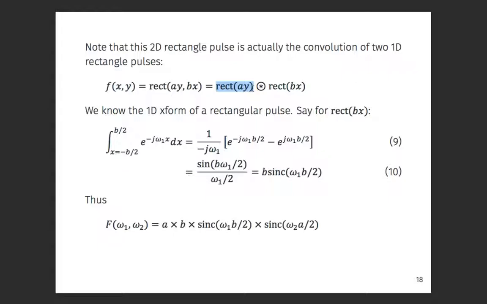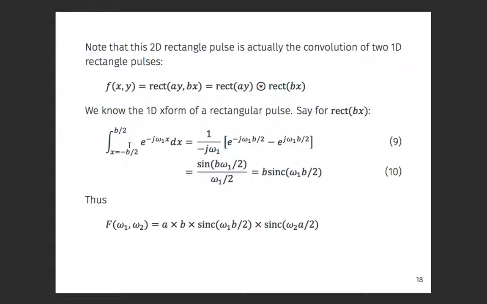So we know what the 1D transform for a pulse is, and that's something you would have done. Basically, it's a sinc function, right? I've done the detail here to remind you how it works out. You do the Fourier transform over the entire domain, in 1D. Your signal is 1 between minus b over 2 and b over 2, and 0 elsewhere, the basic rectangle function.